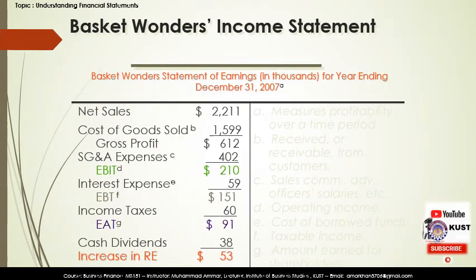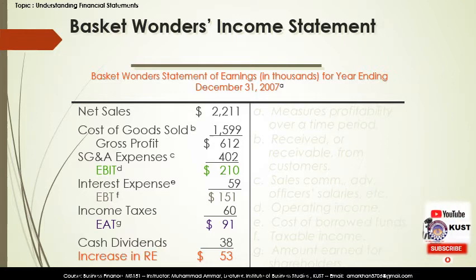And now we can see they have also given the income statement of Basket Wonders, and we know that the income statement shows the company's net profit or loss for the same year, and that is December 2007.